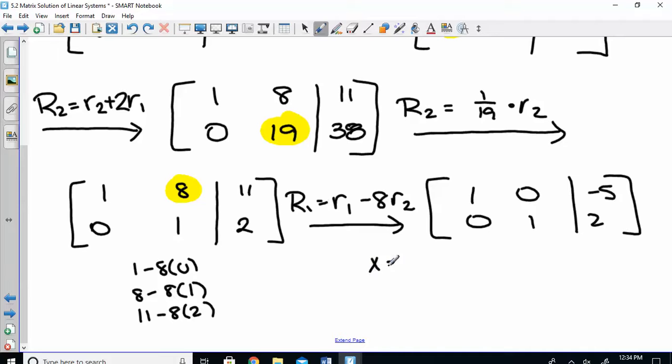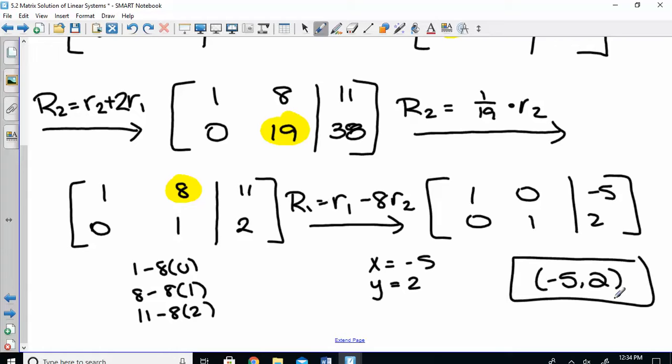And then we write our equations: x is -5 and y is 2. Is that okay?